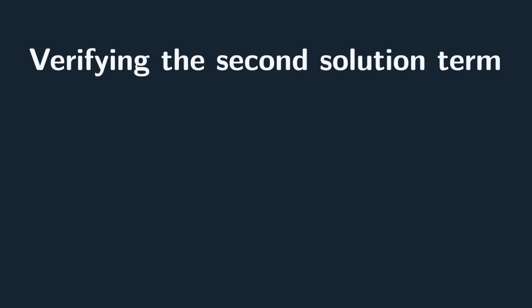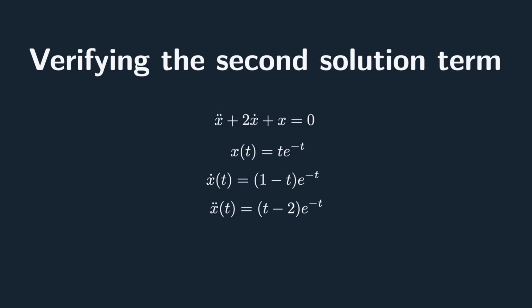Let us quickly check that t times e to the minus t really is a solution of the ODE. The ODE we are checking is x double dot plus 2x dot plus x equals 0. If x equals t times e to the minus t, then x dot equals (1 minus t) e to the minus t, and x double dot equals (t minus 2) e to the minus t.